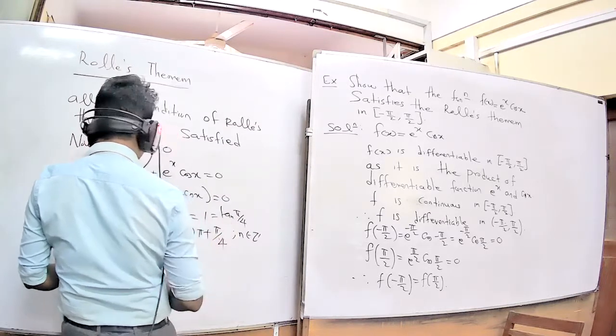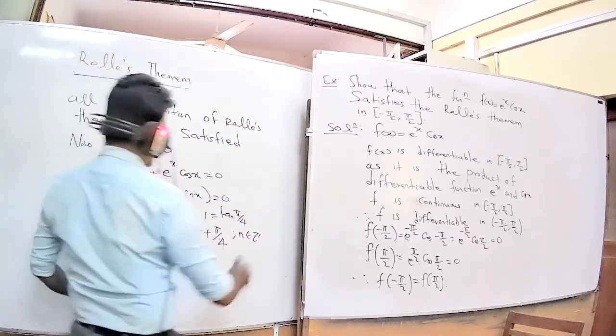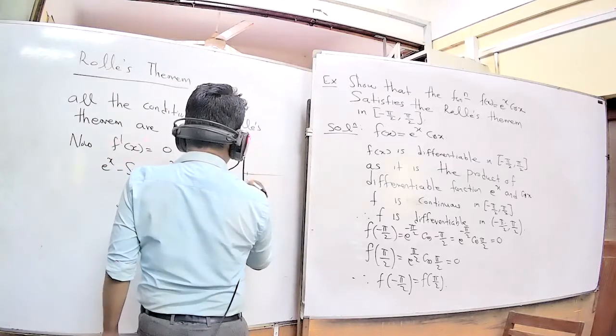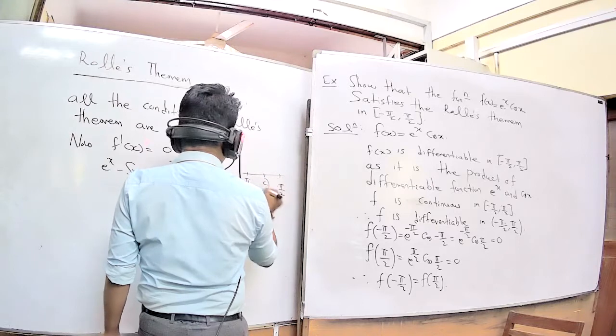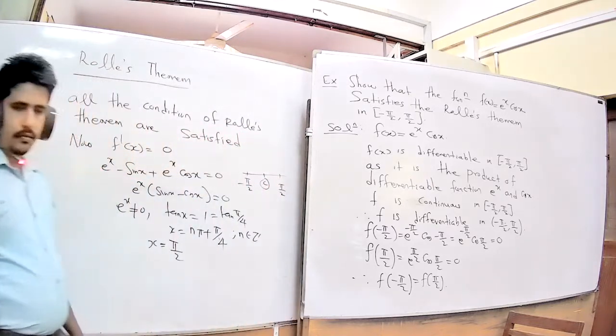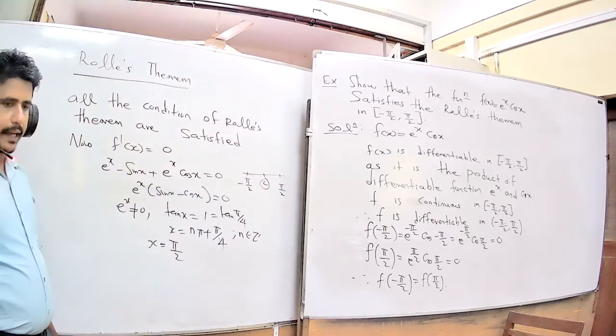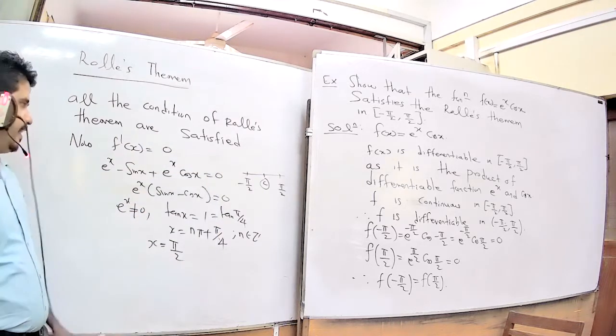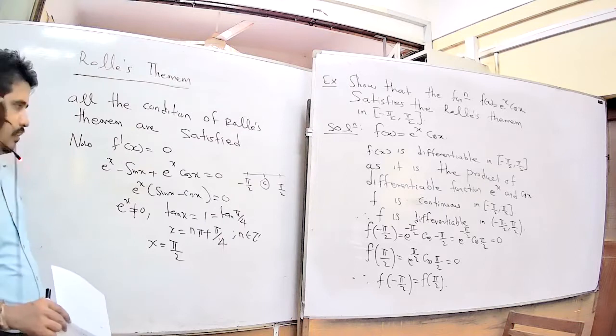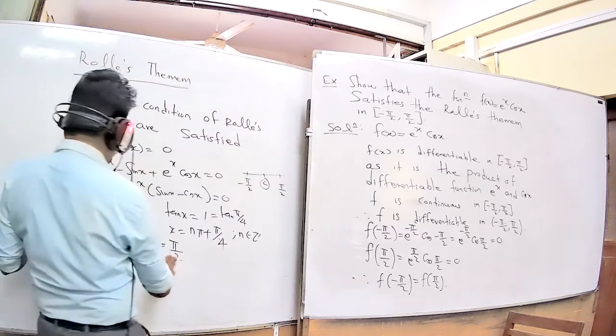Otherwise, if you put 1, you get more than this, because you want to find the value c within this interval, minus π/2 to π/2. At least one value you can find, because these three conditions are satisfied, no? Therefore, at least one value you can find. I think that value is 5π/4, right?